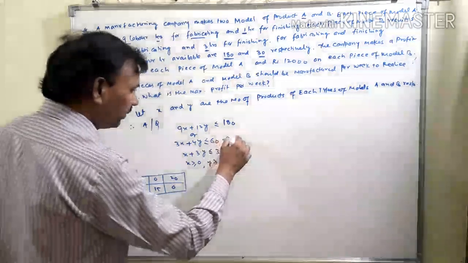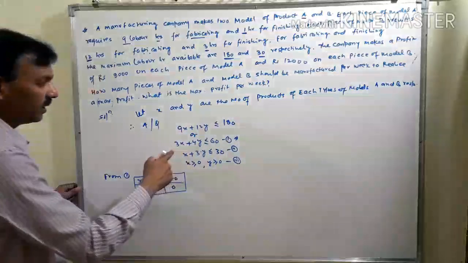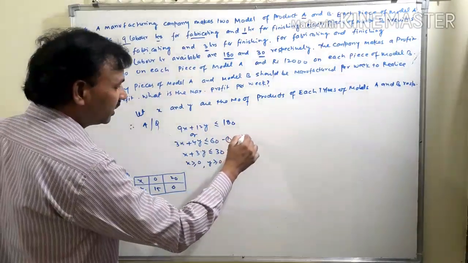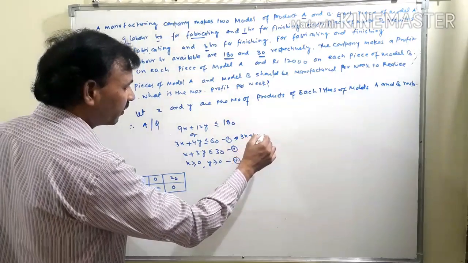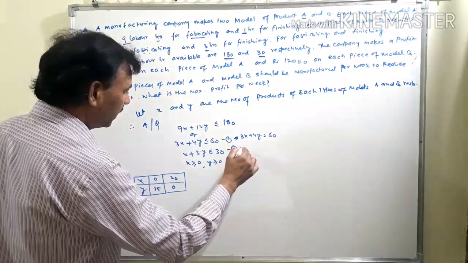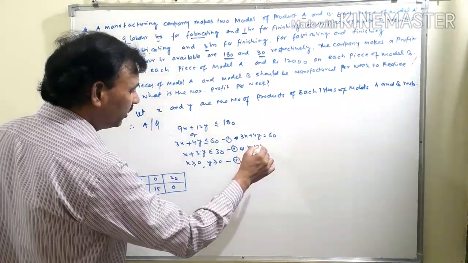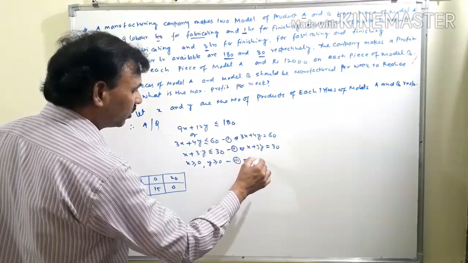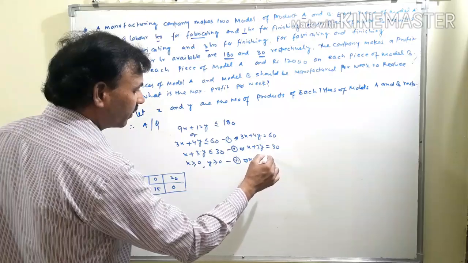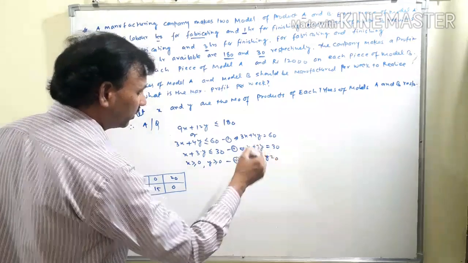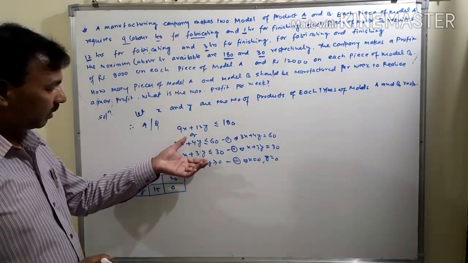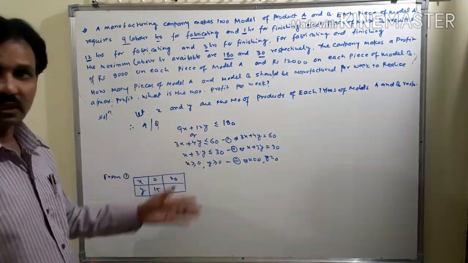We can write the corresponding equations to these inequalities: 3x plus 4y equal to 60, x plus 3y equal to 30, and x equal to 0 and y equal to 0.